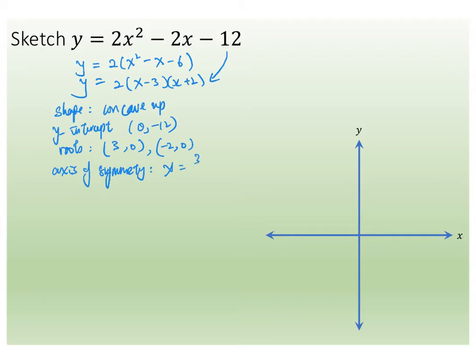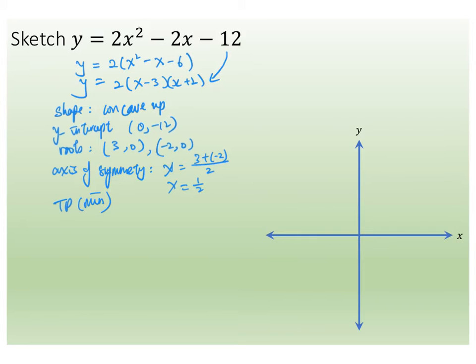x equals 3 plus minus 2 divided by 2, which is half. And then substitute into the equation to find the turning point. Because it's concave up, this is a minimum.